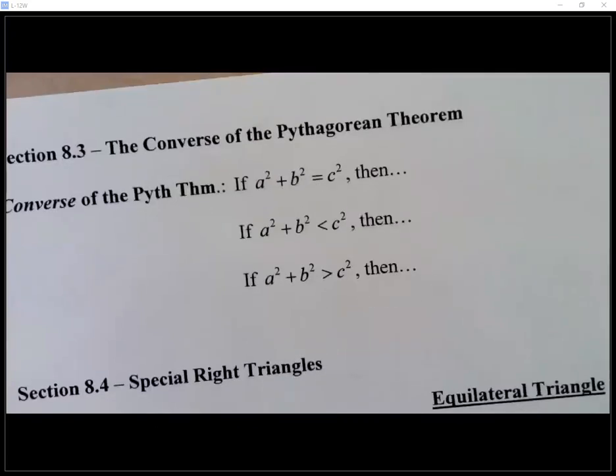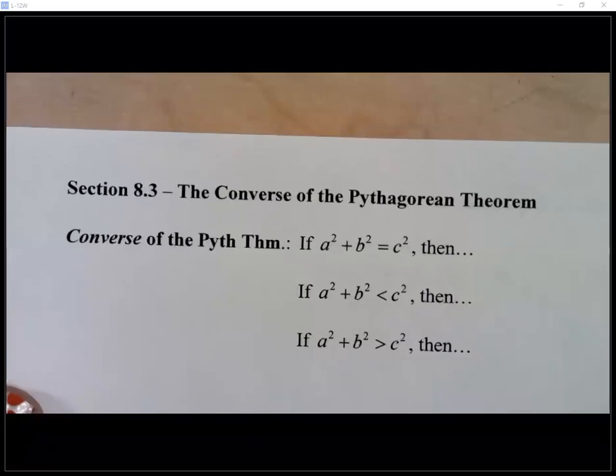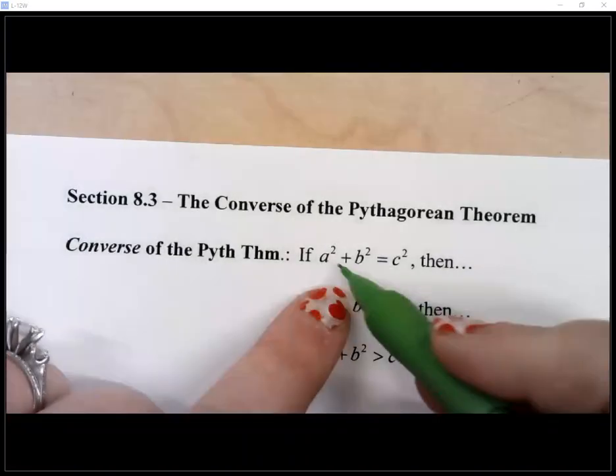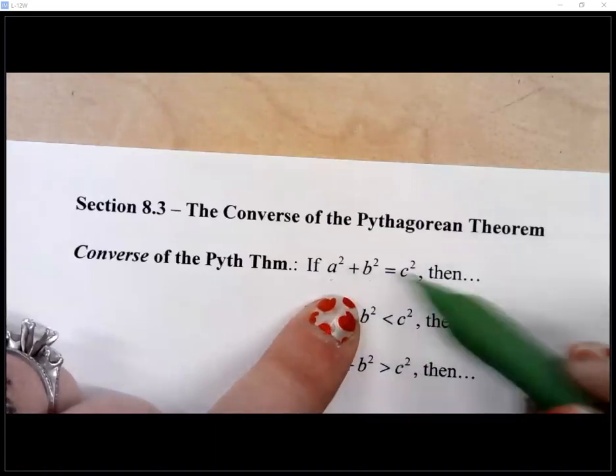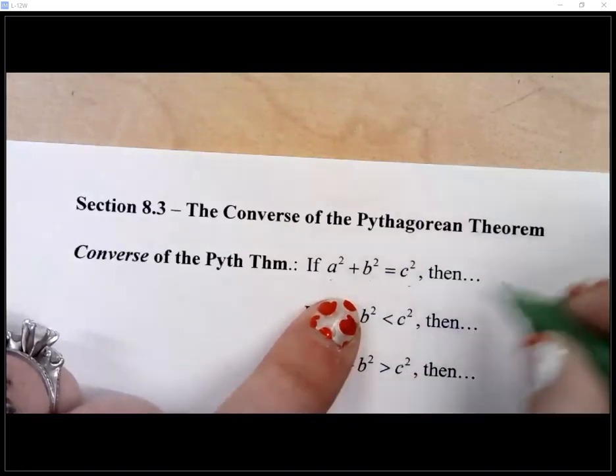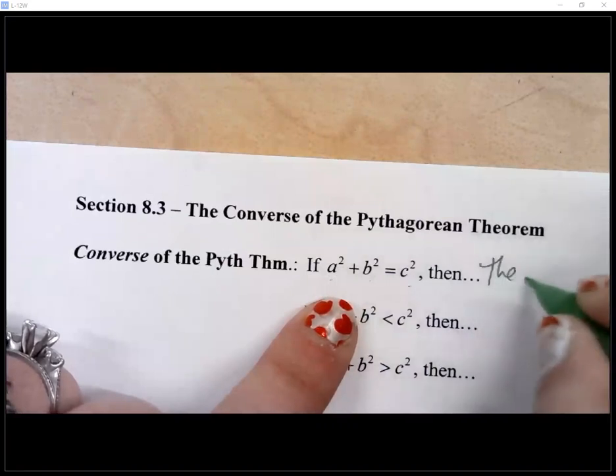So we all know the top one. If you have three sides of a triangle, and it is true that a squared plus b squared really does equal c squared, then of course the triangle is a right triangle.